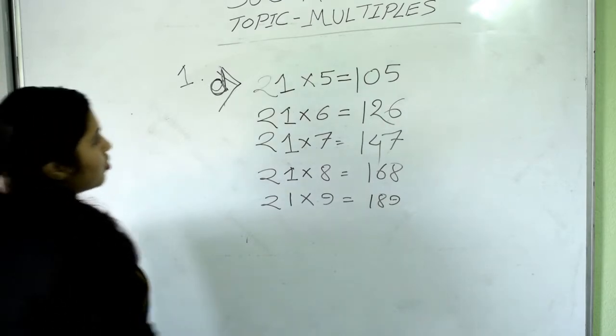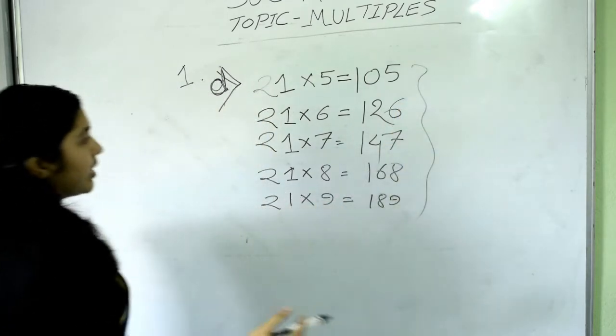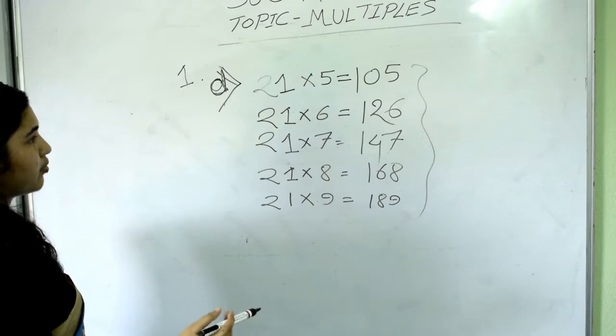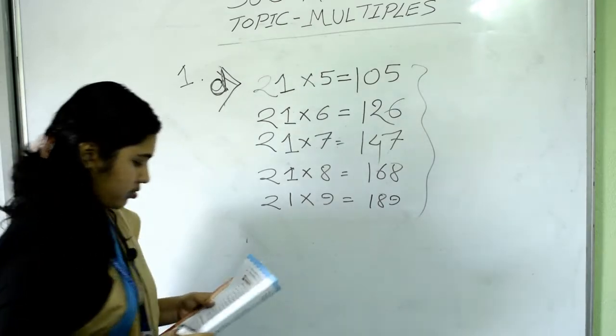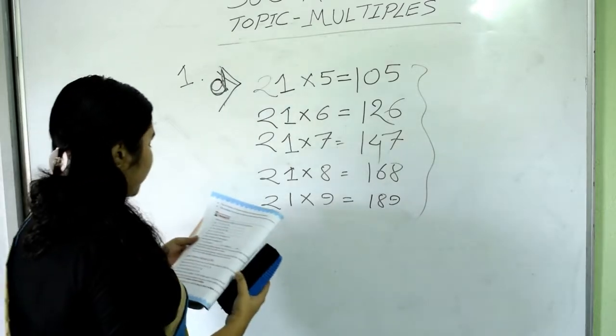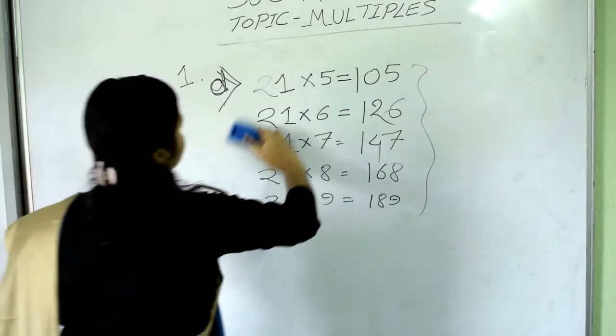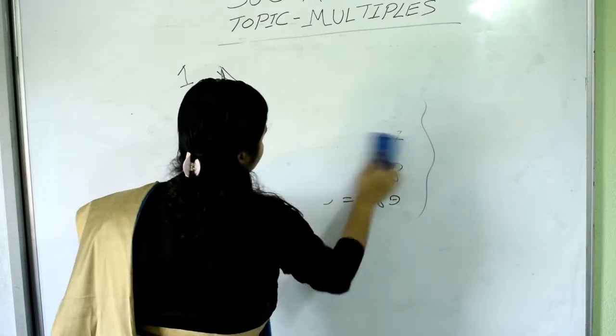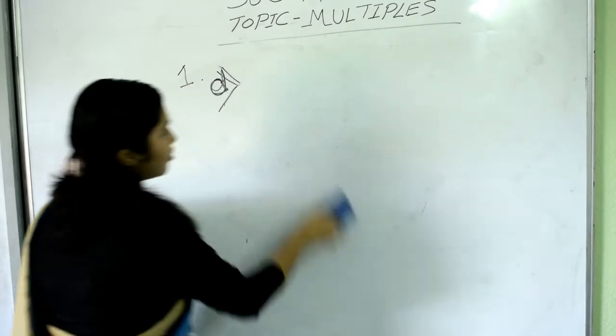Then 189. So these are the next 5 multiples of 21. So number B and C, try yourself with the same process.